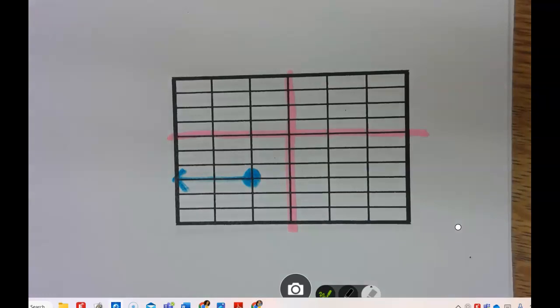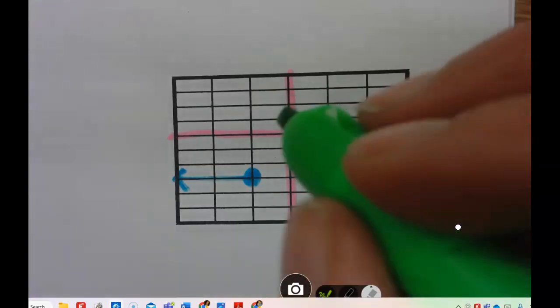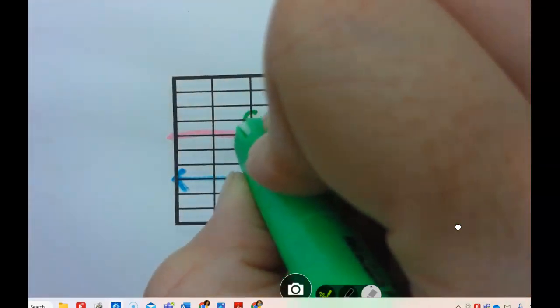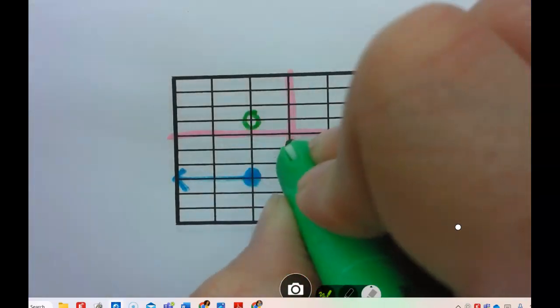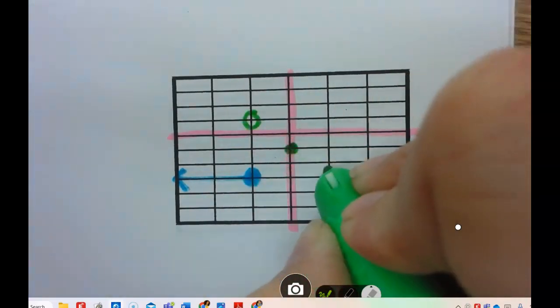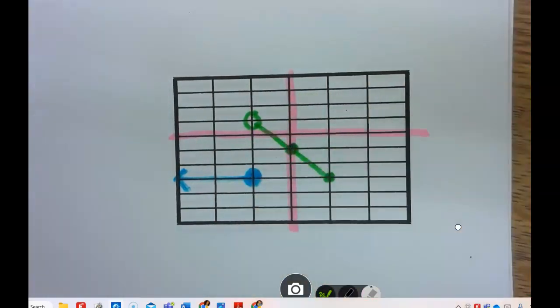So I want you to find the equation of that first line in blue. And then the green. And last, we're going to look at the purple.